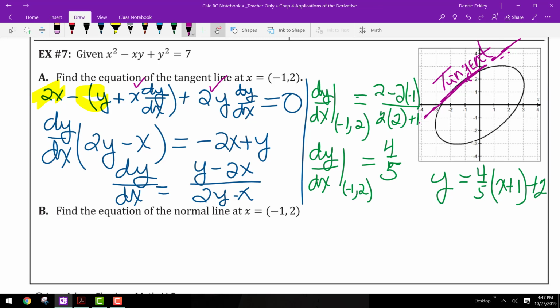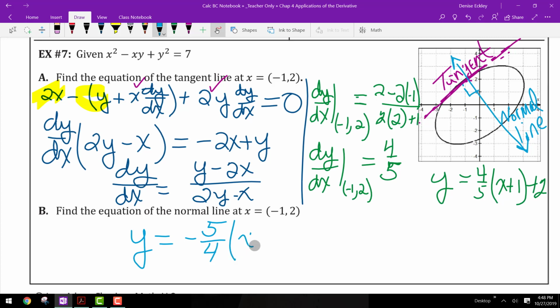So that'll be the perpendicular line through that point this way. So that's going to be the normal line. Okay, so all we have to do is take the negative reciprocal of the slope. It's at the same point, so we get that line.